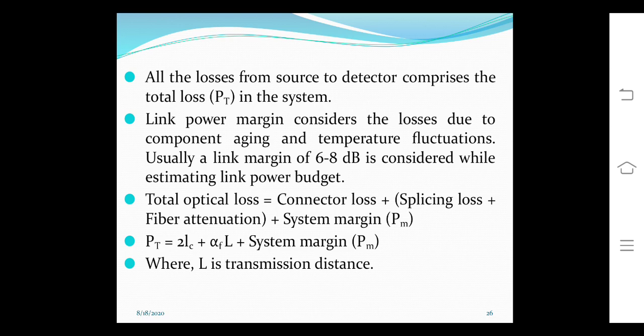So the total power PT is equal to twice the connector loss, that is one connector at the transmitter and one at the receiver, plus the splice losses depending on the number of splices, plus alpha F into L, where capital L is the transmission distance and alpha F is the fiber attenuation loss, plus the system margin. All this cumulatively comprises the total power loss.